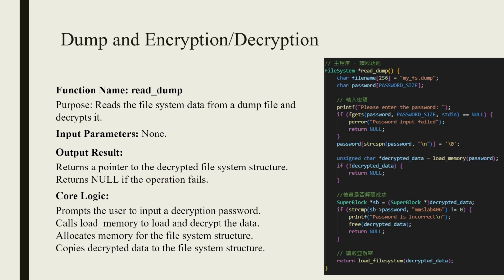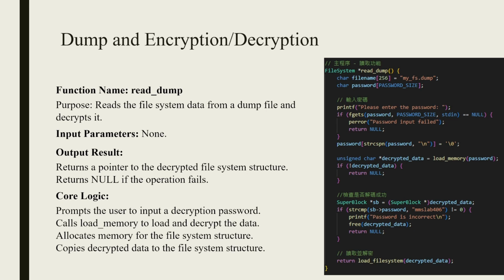This makes sure it allocates memory for the file system structure to store the decrypted data, and if the memory allocation fails, the function releases any loaded data. Then it will copy the decrypted data into the allocated file system structure, and finally it will return the reconstructed file system structure, or null on failure.